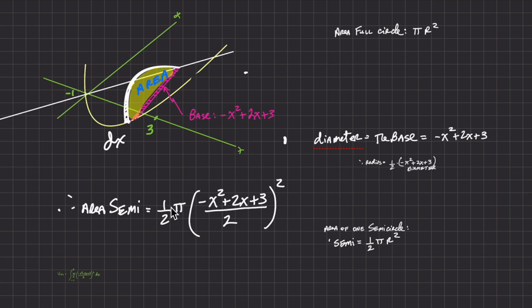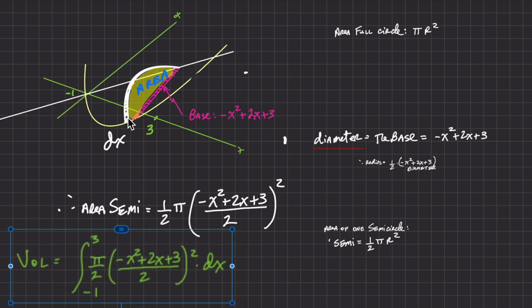So folks, we're going to take this area, multiply it by dx, and then integrate that to get a summation. And when we do that, we get this down here in green. We go from -1 to 3 because, again, we're dealing with dx. We want x values in our interval. And here's the formula for one tile, 1/2 pi r squared, and then multiplied by the width of dx.